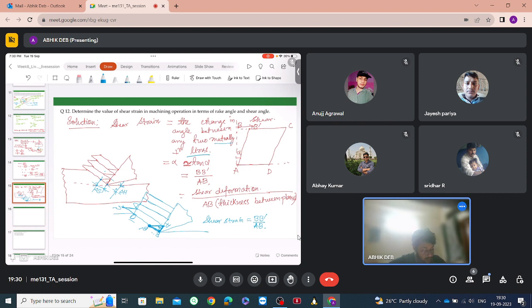Now BB dash we have taken as delta S and AB we have taken as delta H. Just arbitrary values we have taken. We have just used delta S and delta H for denoting these values. If we do not denote also, it is fine. We will just find out the values. These are not any particular values. We have just denoted it. Okay, sir, I understood.